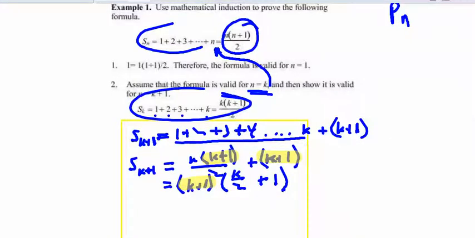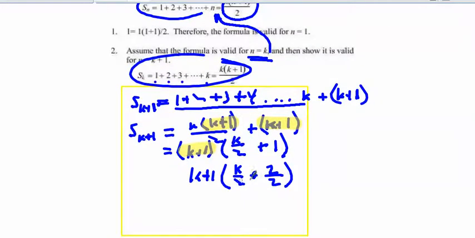So now we're going to try and simplify that a little farther. And to simplify that, let's see if we can find a common denominator and combine these. So that gives me k over 2 plus the common denominator of 2, so 2 over 2. Now on that right there, I can go ahead and factor out a 1/2, can't I?